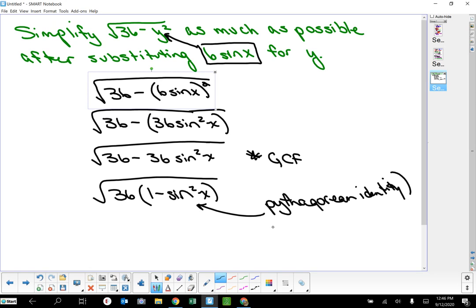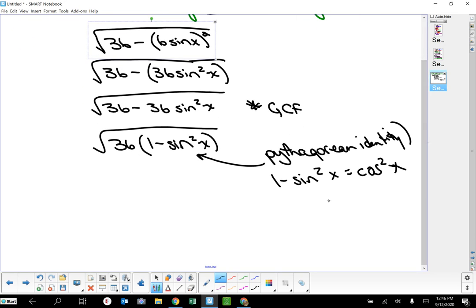Okay, and 1 minus sine squared x is equal to cosine squared x. Again, from the Pythagorean identity, sine squared plus cosine squared equals 1. So some manipulation will get you there. So this is 36 times cosine squared x.